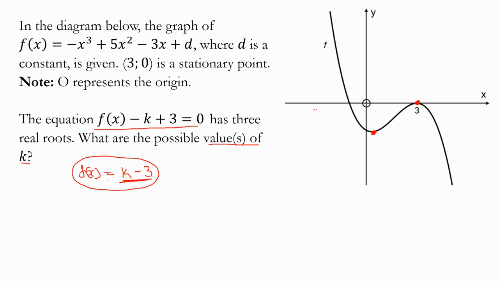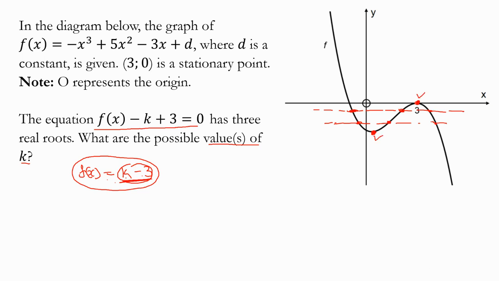If I draw this line here, how many roots do we have? 1, 2, 3. I can draw another one here. 1, 2, 3. You see that? So now we're saying that this function k minus 3 must be between this point and this point.